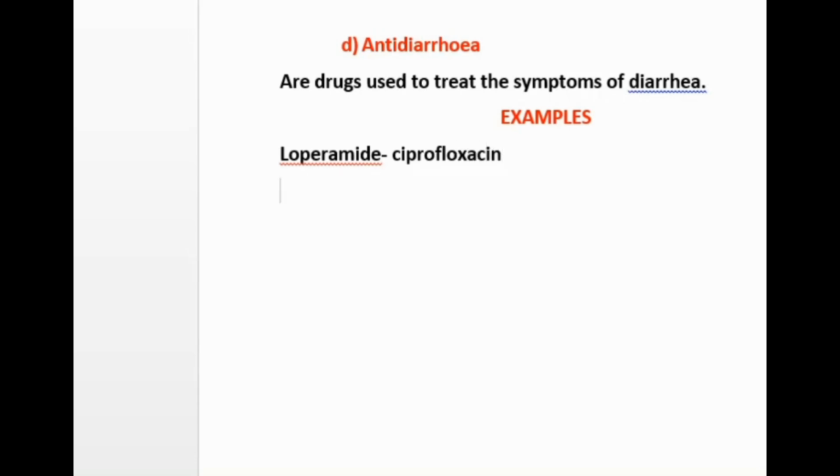The third is metronidazole. The fourth is norfloxacin.